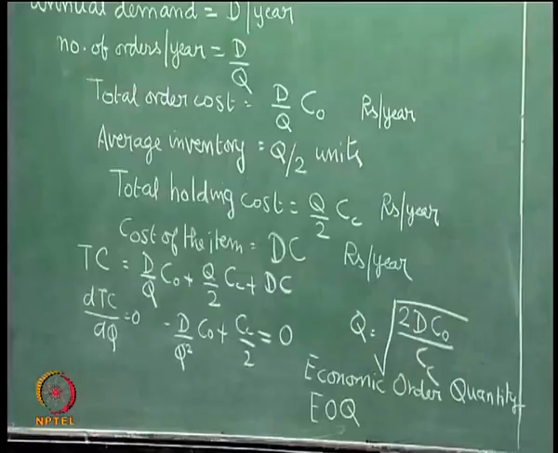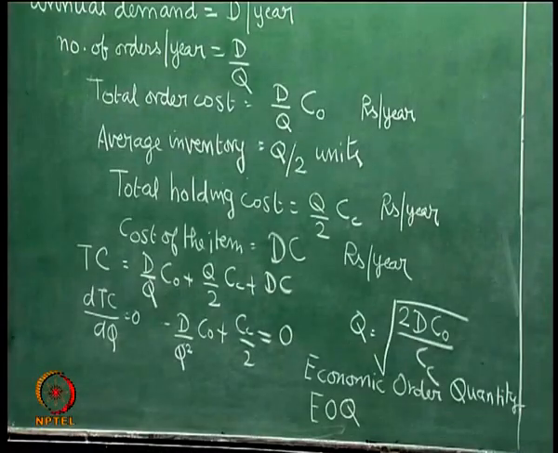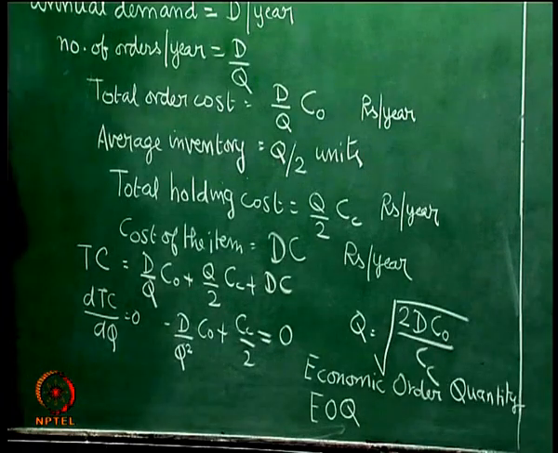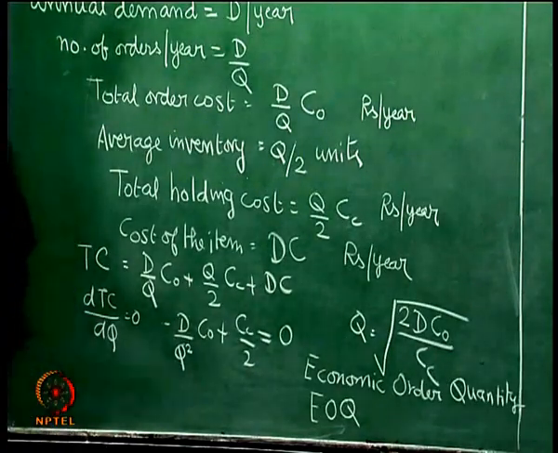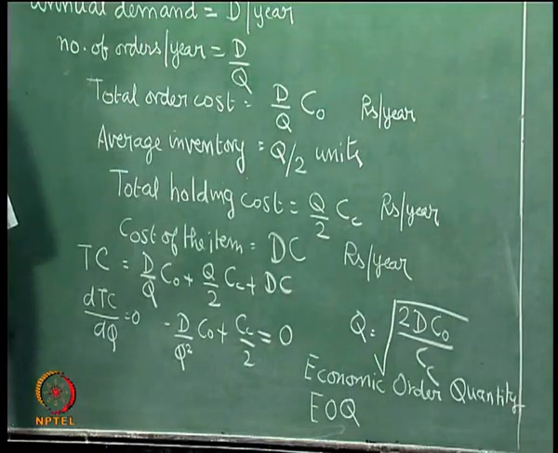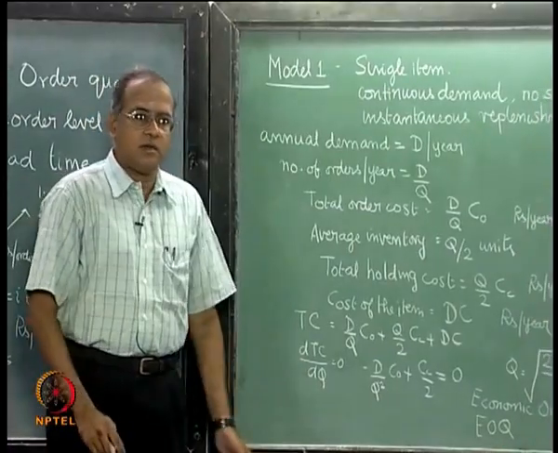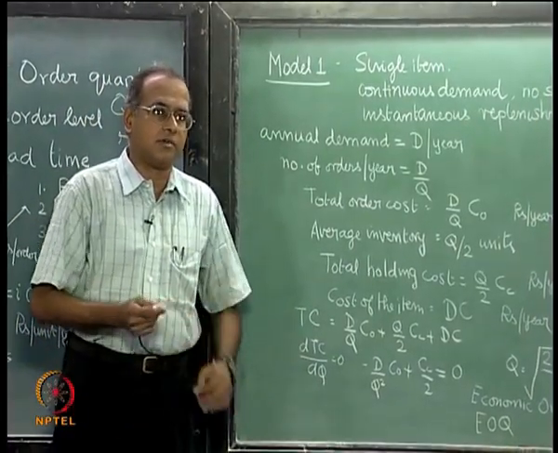Now the formula that we have derived is called the EOQ formula for a single item, and it is also called Wilson's EOQ formula, attributed to Wilson, who derived it somewhere in the early 40s or 30s. Sometimes the credit goes to Harris.